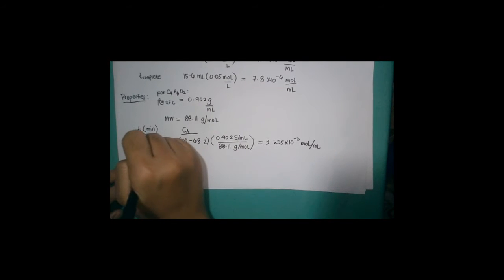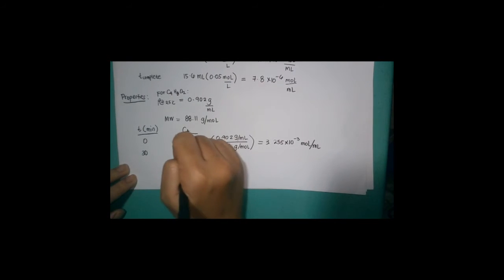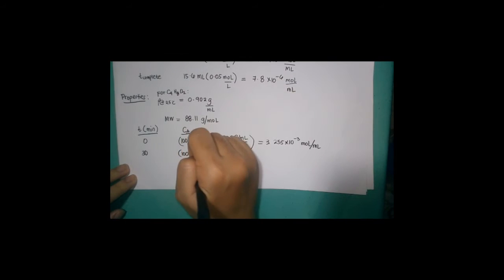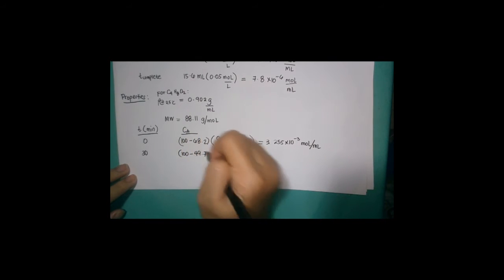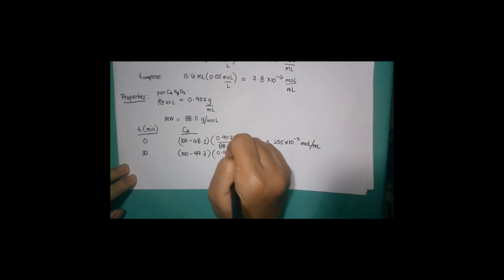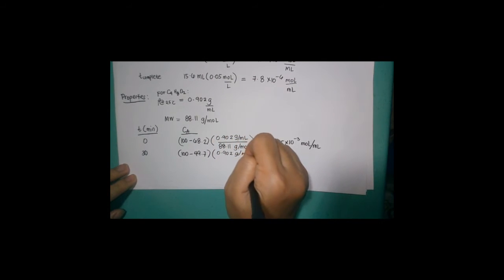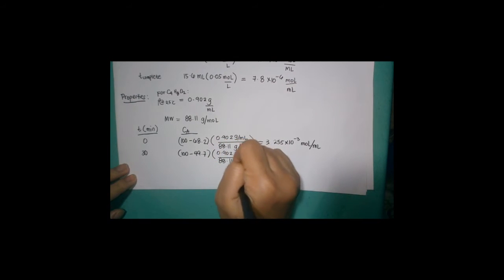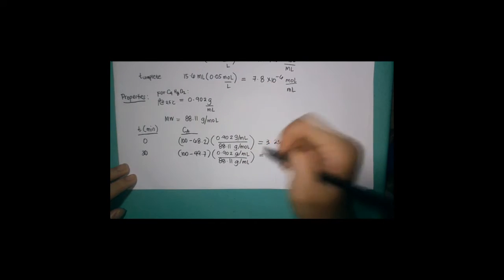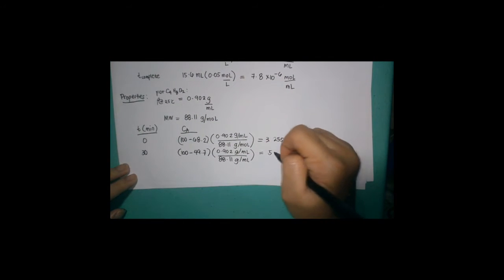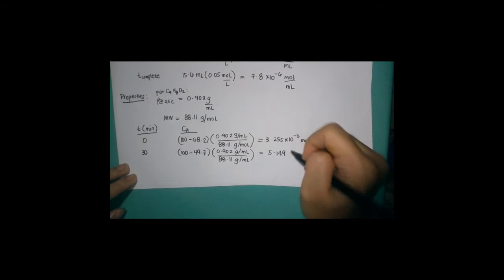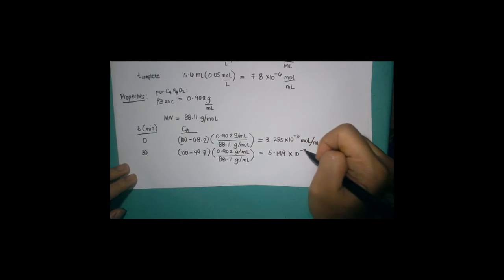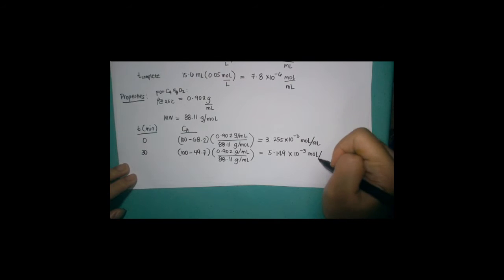So at time 30 minutes, we'll have 100 minus 49.7 times 0.902 gram per ml all over 88.11 gram per mole. We'll have a product of 5.149 times 10 to the negative 3 mole per ml.